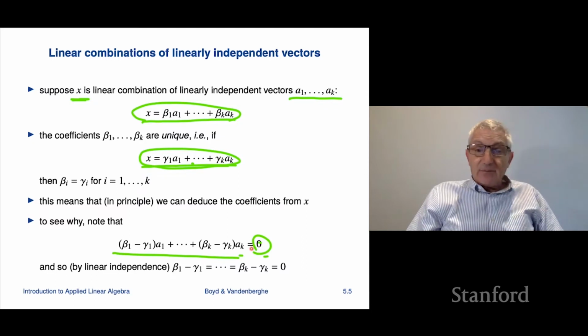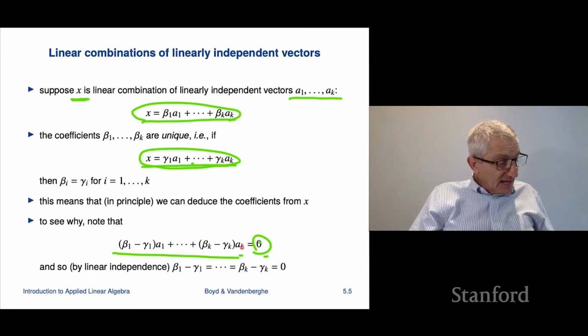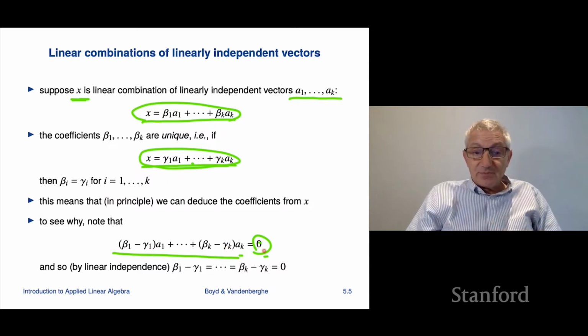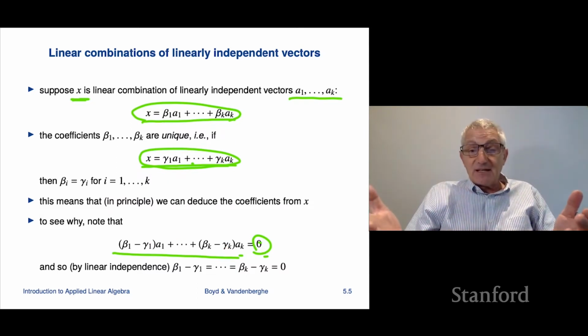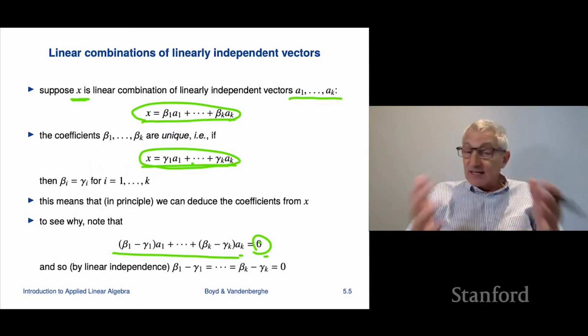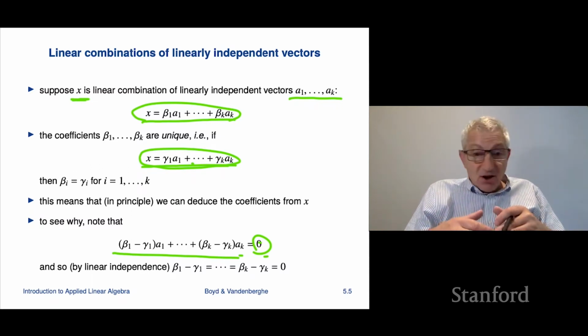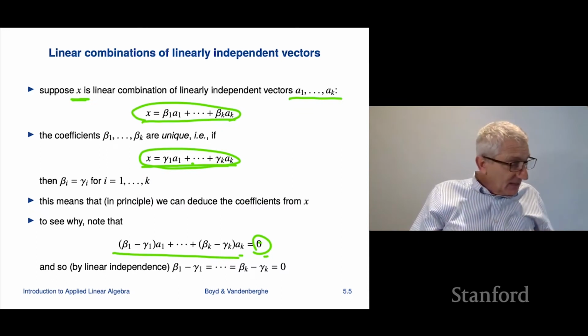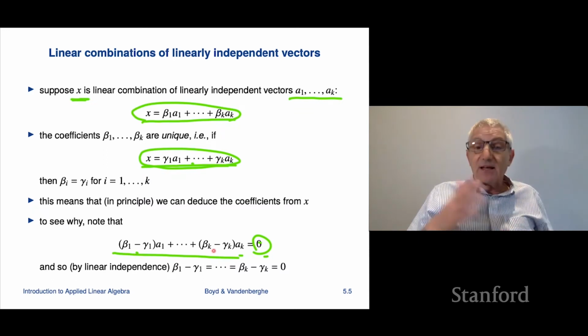Okay. Now, you look at this and you realize, wow, this is a linear combination of A1 up to AK. The coefficients are beta 1 minus gamma 1 up to beta K minus gamma K, and you get 0. But if they're linearly independent, what it says is if you have a linear combination that gets you 0, then all the coefficients have to be 0. And that means that all of these numbers, beta 1 minus gamma 1, all the way up to beta K minus gamma K, are all 0.